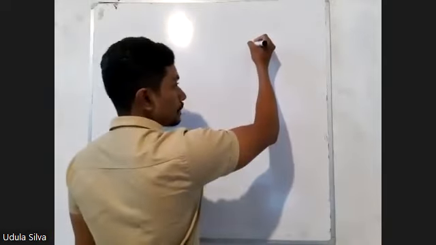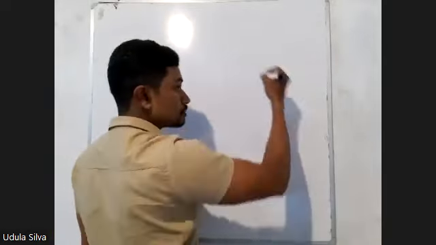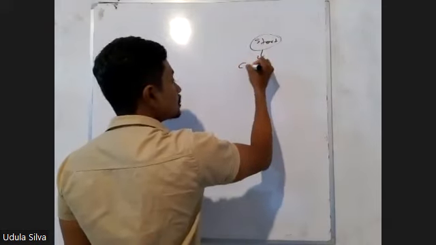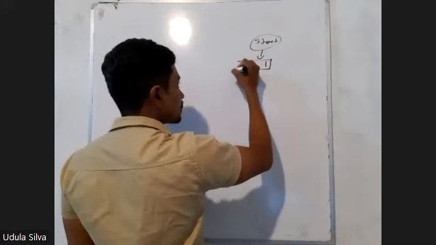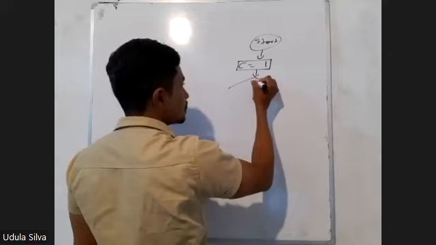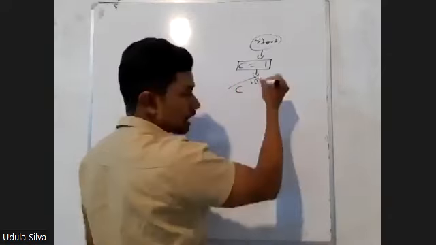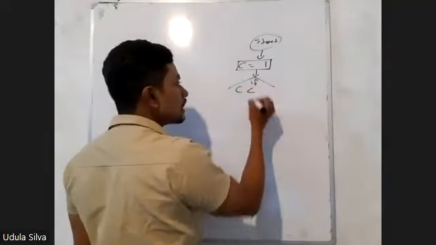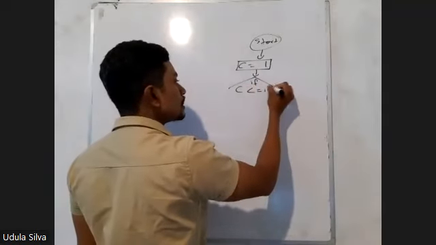This is our program. What is the program? To display the hello world sentence 10 times, right? Start. Then C equals 1. Then I'm going to ask a question: is C less than or equal to 10?